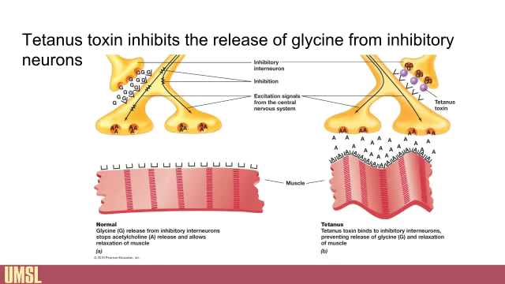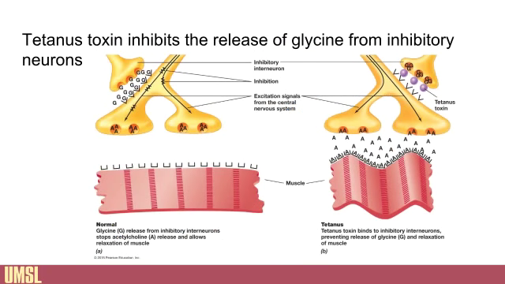So what tetanus toxin does is block secretion of glycine so that these activating neurons are essentially always on, and nothing ever turns them off. They're constantly secreting some amount of acetylcholine, which builds up and results in sustained muscle contraction.